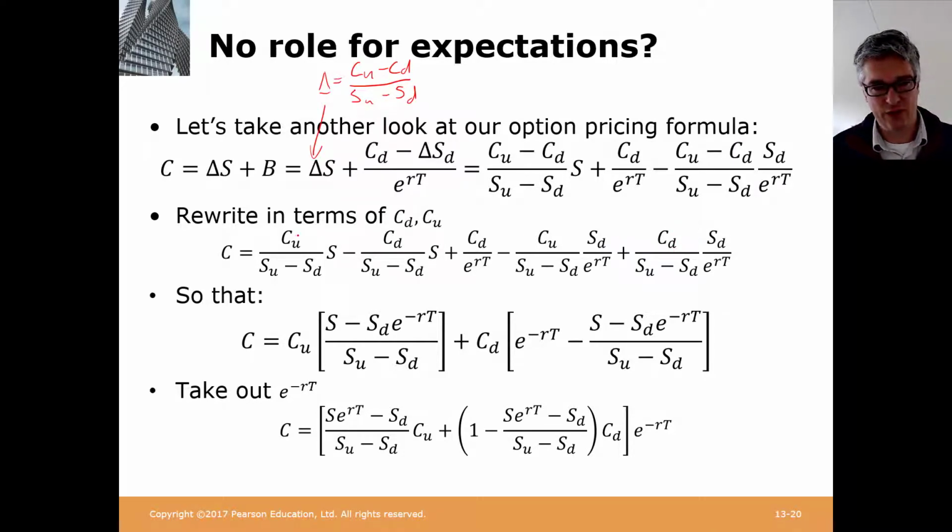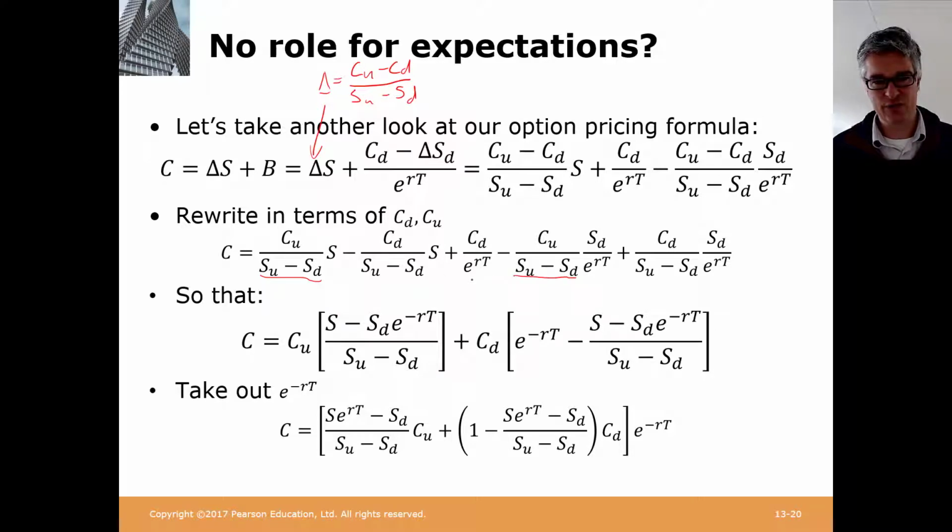So let's add up all the CU terms. So CU times S over (SU minus SD). Let's see where else we have CU times SD over e to the power RT. So let's call this SD times e to the power minus RT, and those are both divided by this SU minus SD. How convenient. So then we can group all the CU terms together.